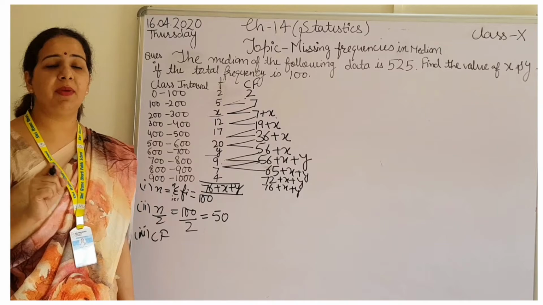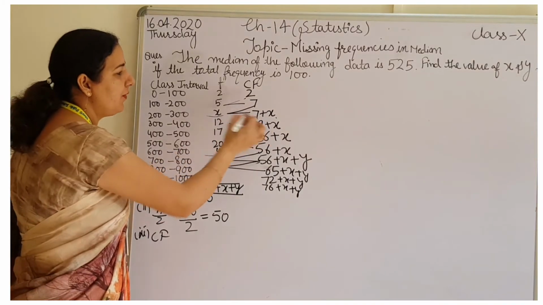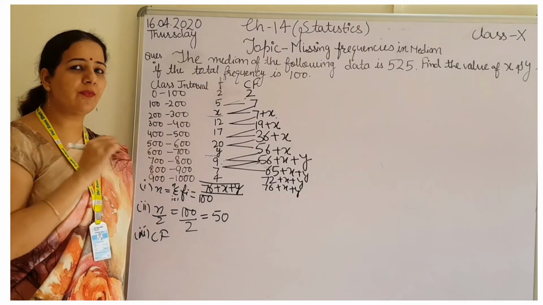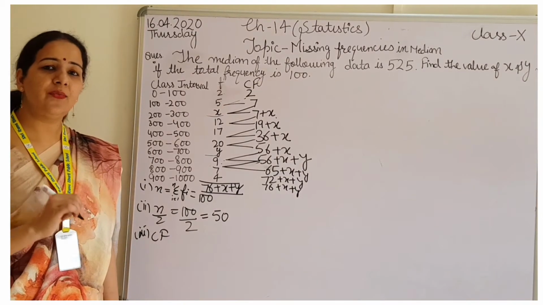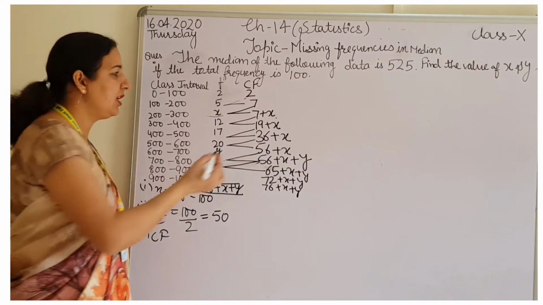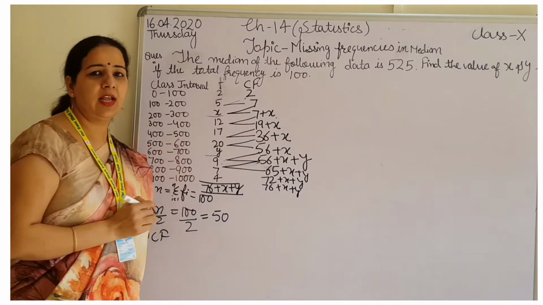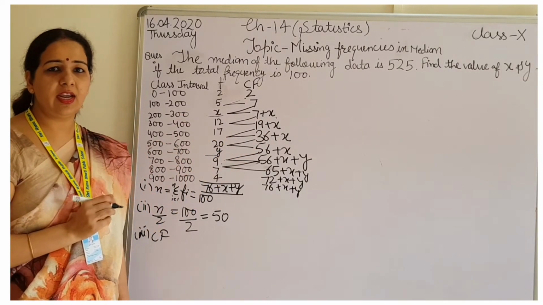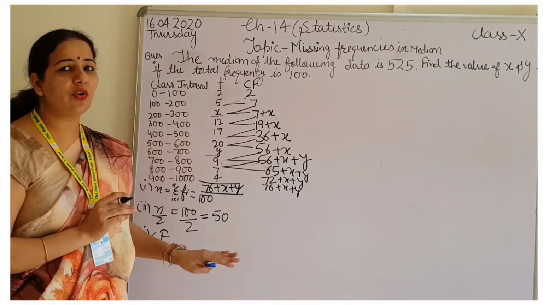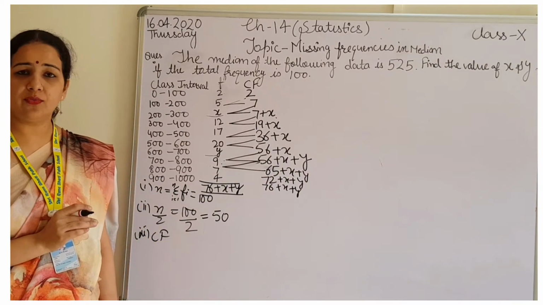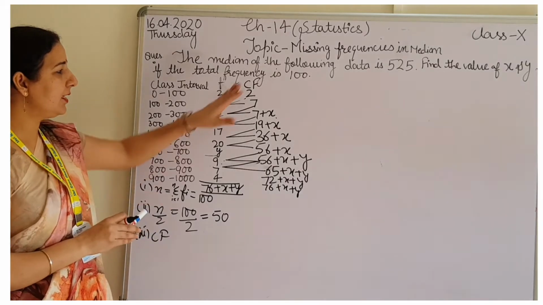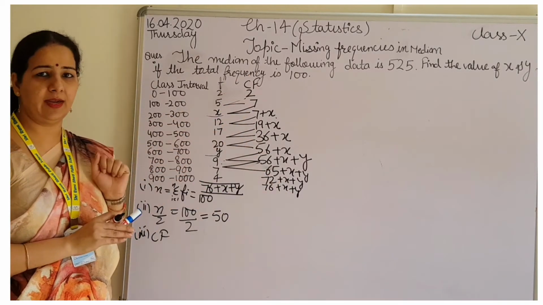If x is 50, then it will be 57, and that will be the first number greater than 50. But if x is 10, then it will be only 17, which is not greater than 50. So here that formula will not work, the number that is just greater than 50.